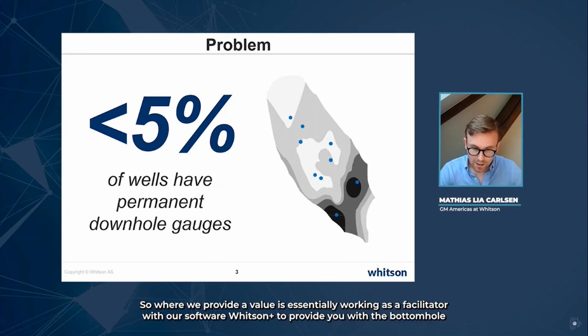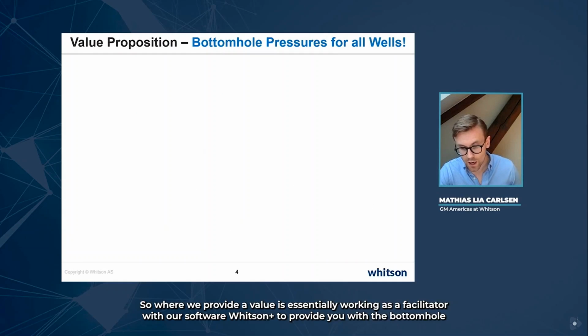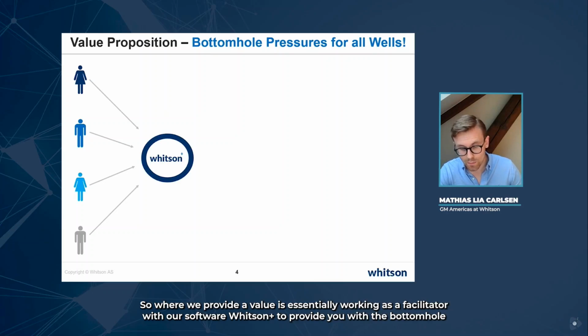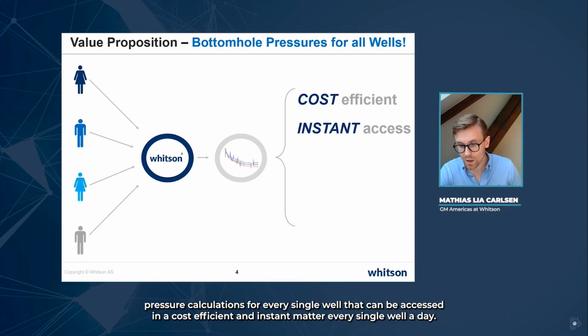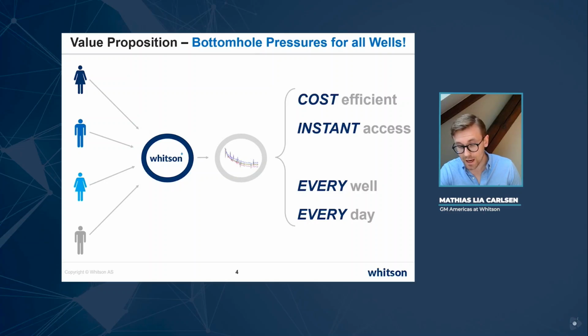So where we provide value is essentially working as a facilitator with our software Whitson Plus to provide you with the bottom hole pressure calculations for every single well, that can be accessed in a cost-efficient and instant manner every single day.